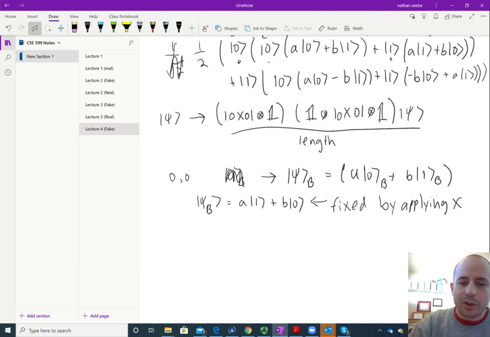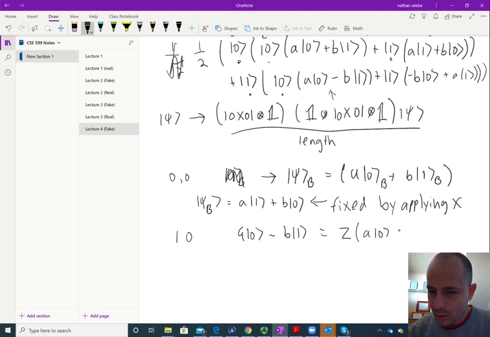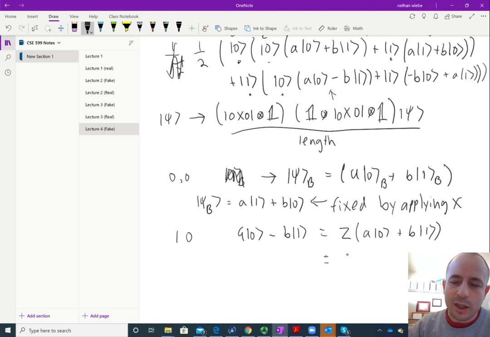All right. Similarly, if Alice measures 1, 0, then the state that Bob ends up getting is this over here. He ends up getting A0 minus B1. And that is equal to Pauli Z, A0 plus B1, equals Z psi. So Bob ends up getting the correct state, but with a Pauli Z gate in it.